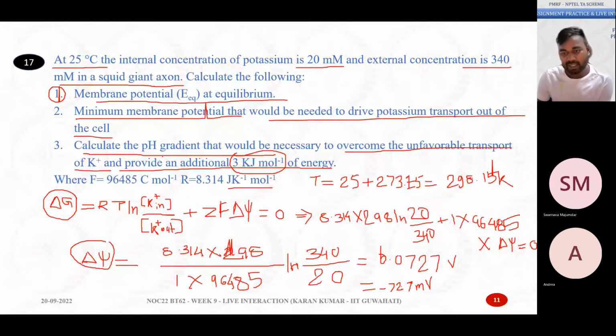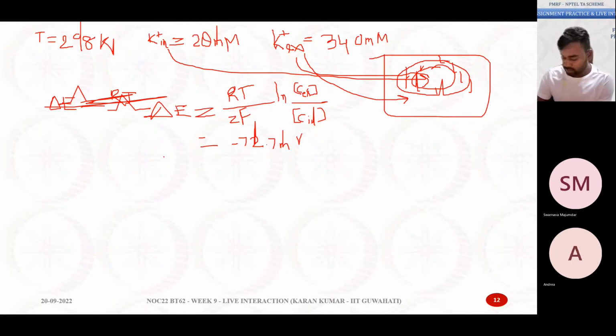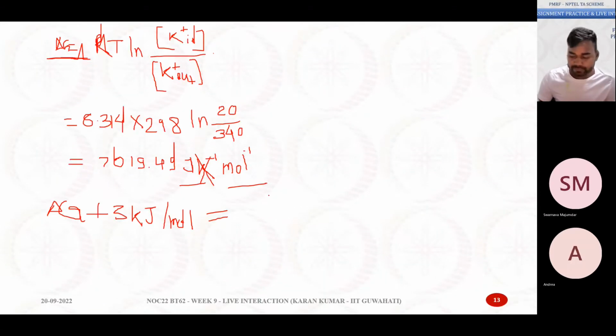In the pH gradient there will be a proton difference. So you equate it to RT ln, the same thing, of H plus in by H plus out.